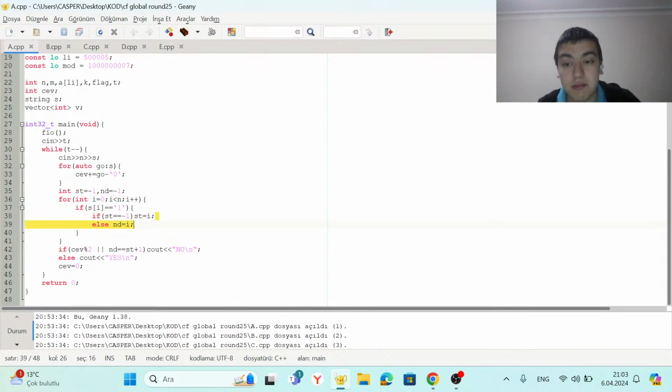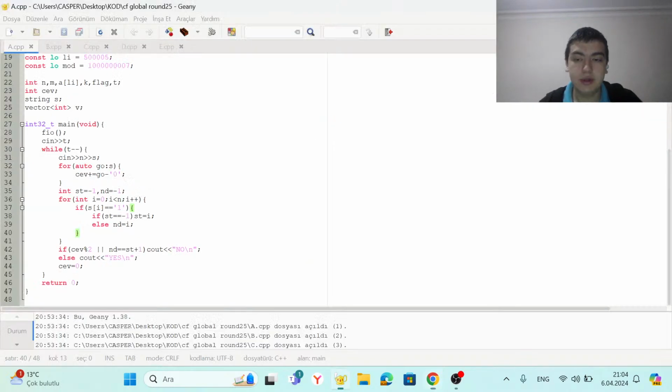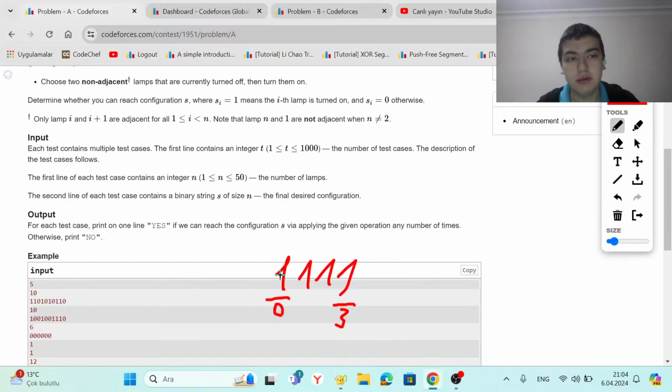So if there are more than two ones, like 4 ones, st will be this, let's say 0, and nd will be 0 1 2 3. So if this equation holds, we can be sure that there are exactly two neighbors. So we should output no.